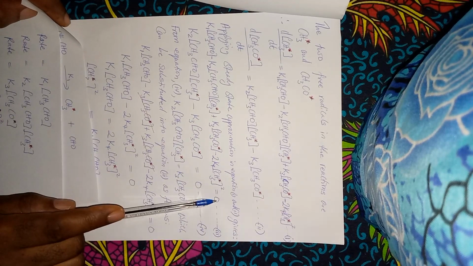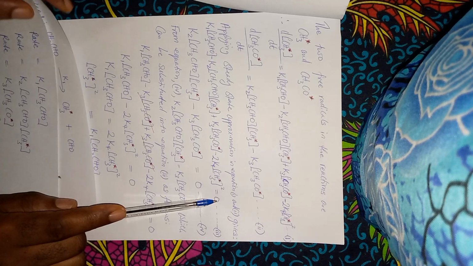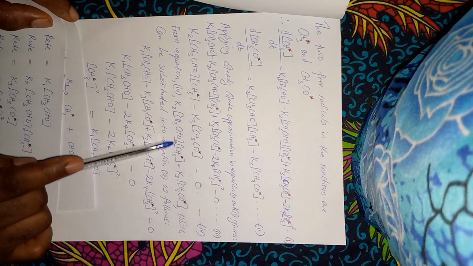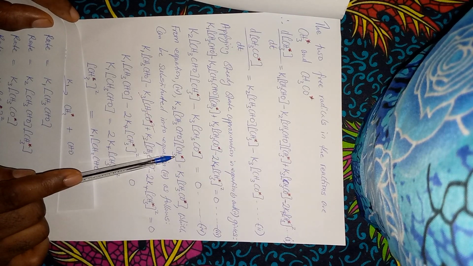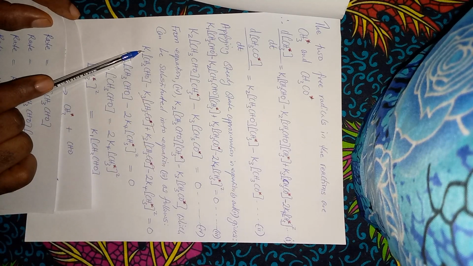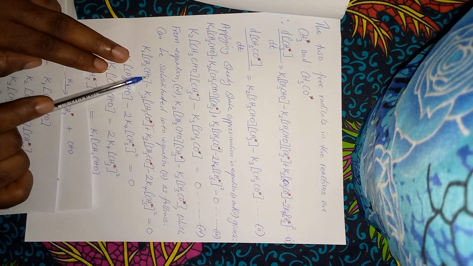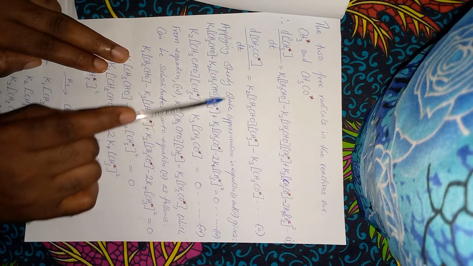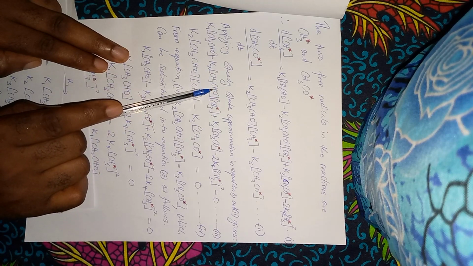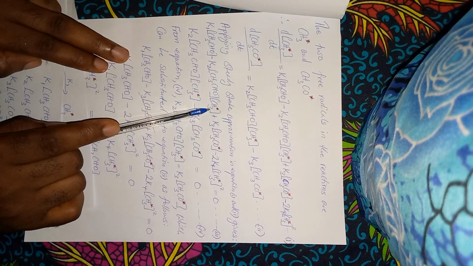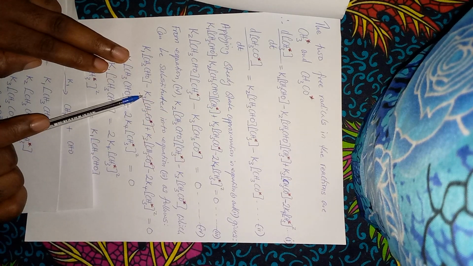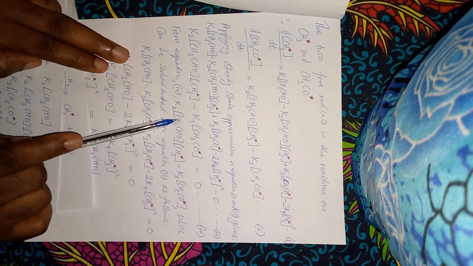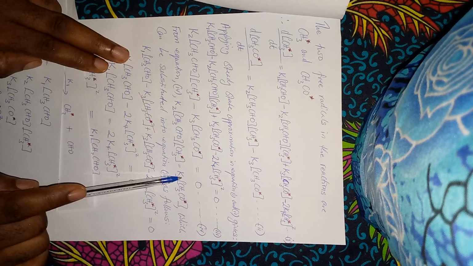This equation 3 is equal to 0. So when we now substitute, we have K1 in bracket CH3CHO minus, in place of K2 in bracket CH3CHO in bracket free radical CH3, we substitute K3 in bracket free radical CH3CO, because from equation 4 we have this.